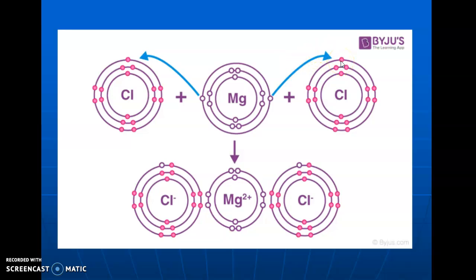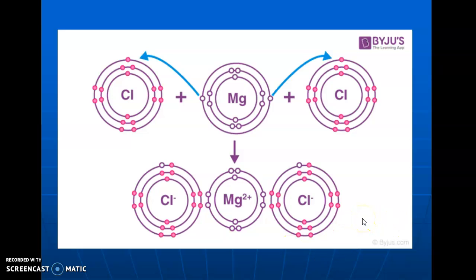So each chlorine can only take 1 electron because that's all the more space it has in its valence shell. But magnesium has 2 to get rid of. So what we see is that we have this ratio. We need 1 magnesium for every 2 chlorine, because the magnesium is needing to form a positive 2 ion, but each chloride ion is only a negative 1.